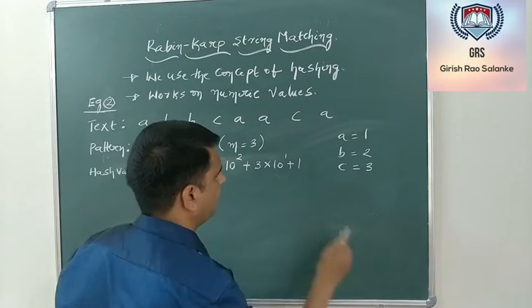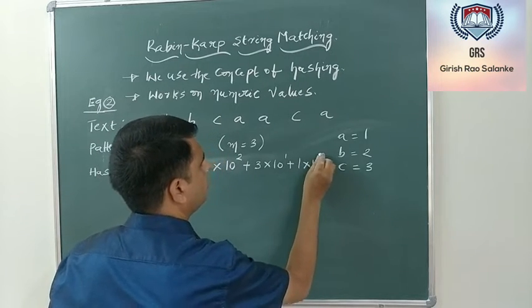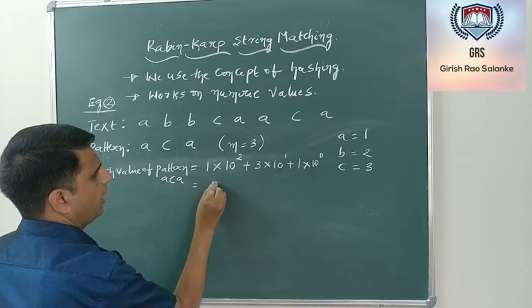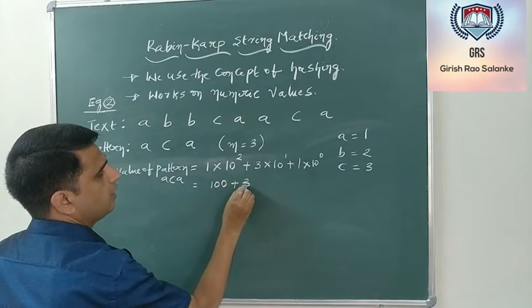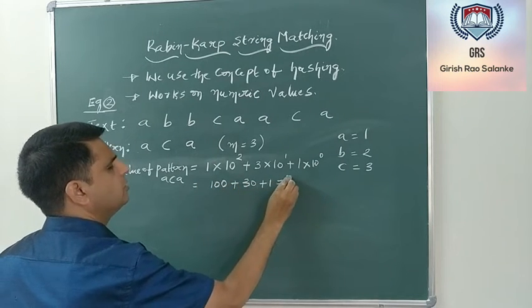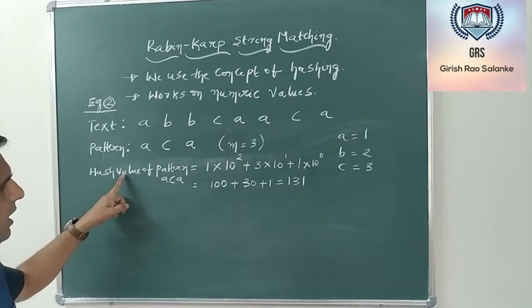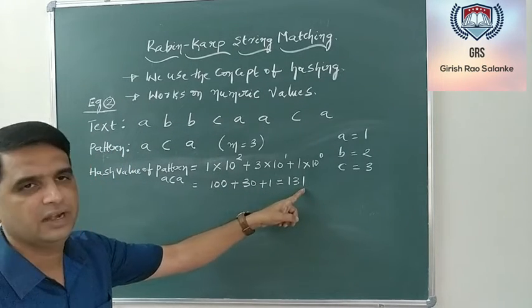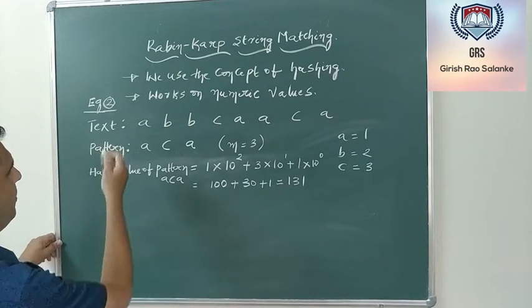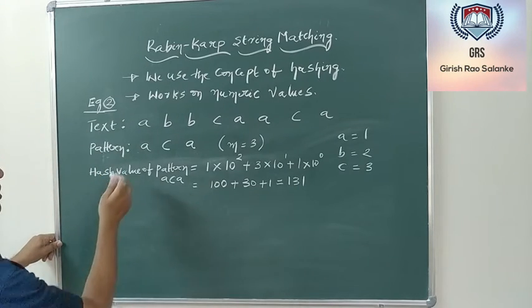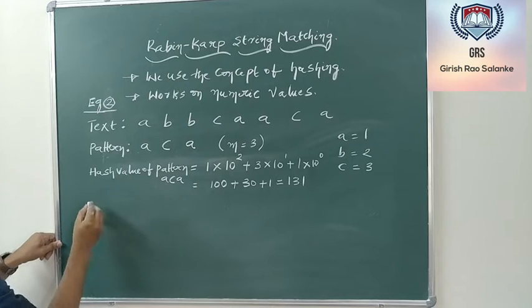So this is nothing but 100 plus 30 plus 1, which is 131. Please note that the hash value of my pattern ACA is 131. Now I will take my text. First I will take the first 3 characters of my text.